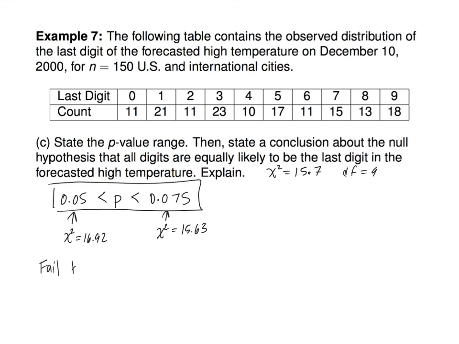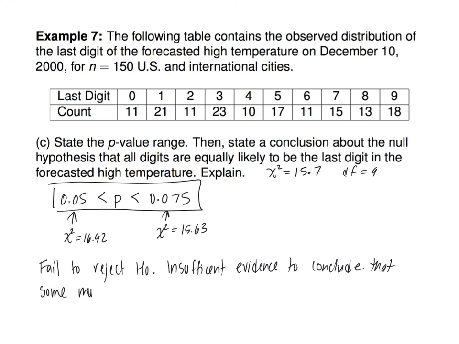So you failed to reject H0, and there's insufficient evidence to conclude that some numbers are more likely than others.